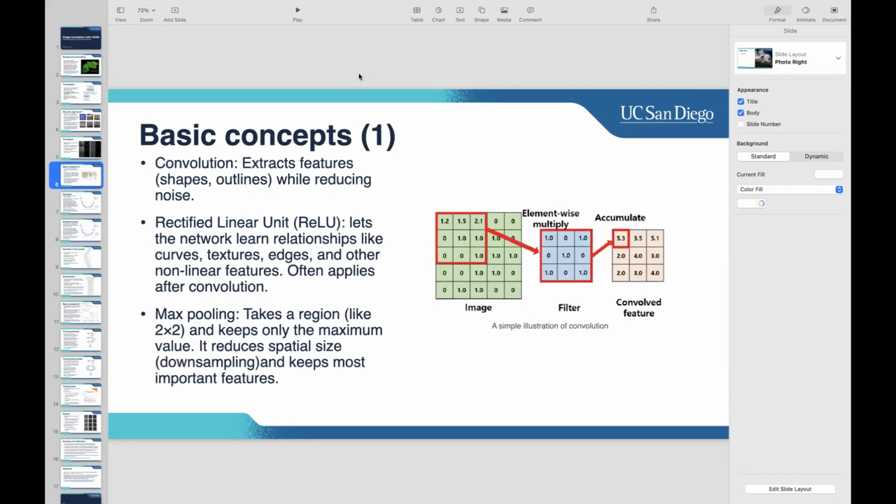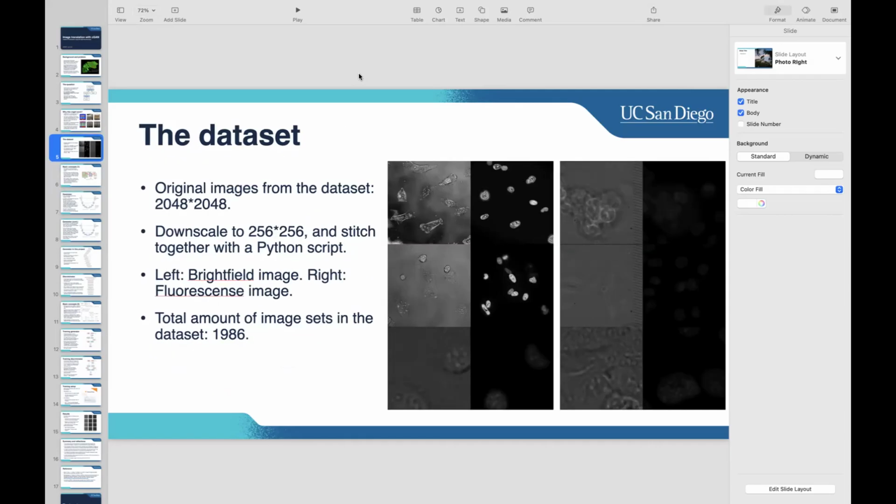Can I ask a quick question? You said you reduced the resolution from 2048 to 256. Is the resolution truly reduced, or was the field of view reduced? It's the resolution, because in my Python script, it reduces the resolution.